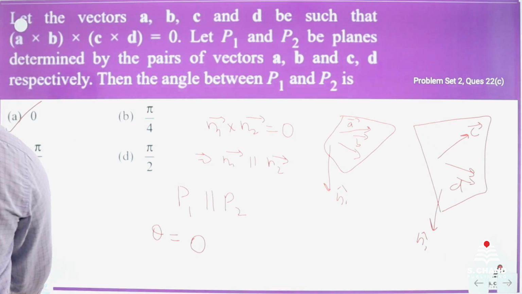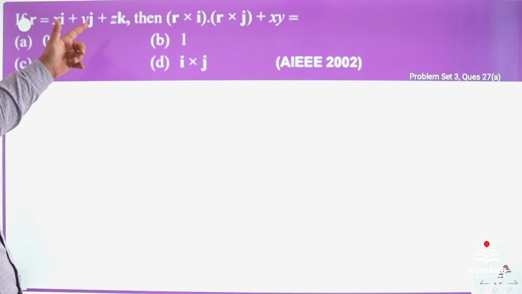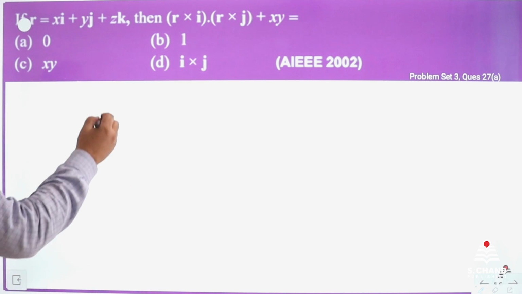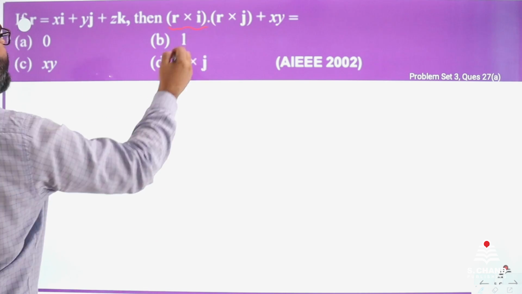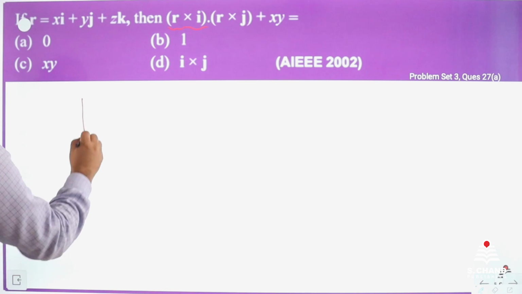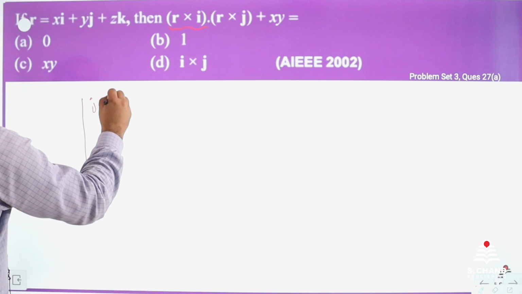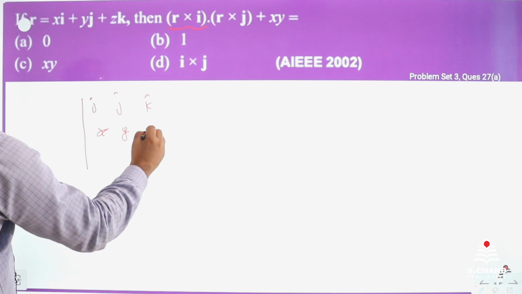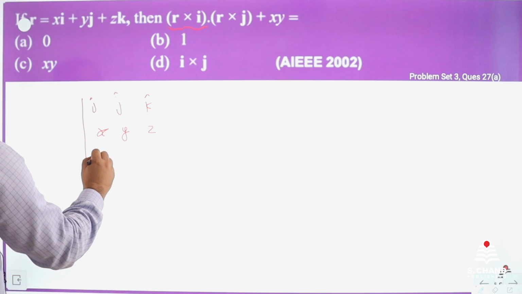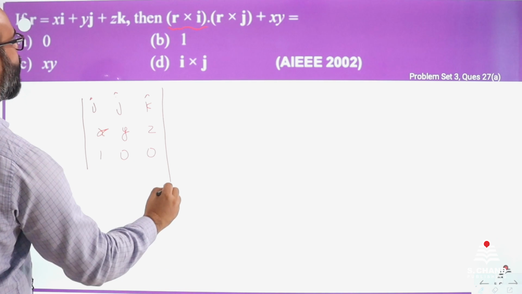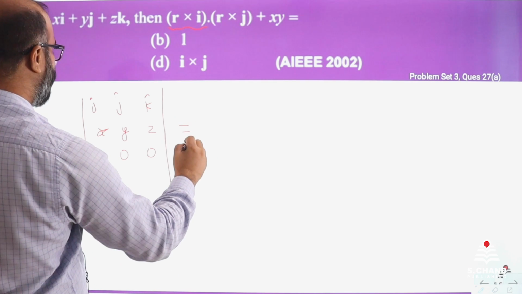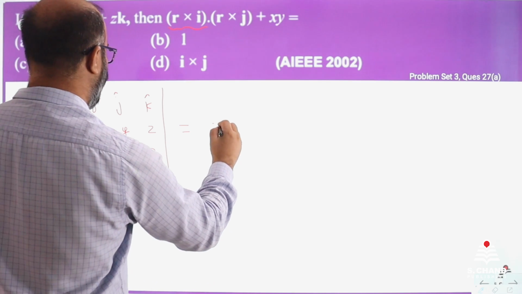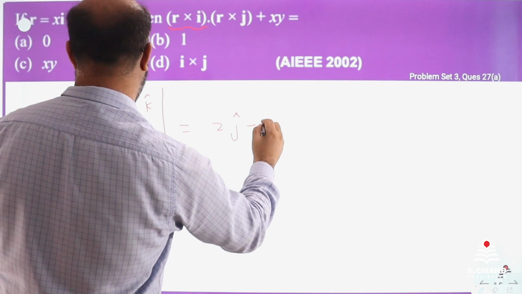So let us come to the next question. If R is equal to this vector, then R cross I dot R cross J plus XY is equal to... So if we take R cross I, then it would be the determinant with I, J, K, X, Y, Z and 1, 0, 0. After expanding the determinant, this becomes Z J cap minus Y K cap.